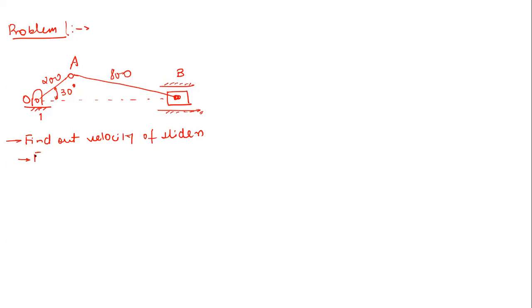And then next you have to find out the angular velocity of the connecting rod. So we all know, so which link is the connecting rod here? So let's say if I mark this as 1, this is 2, this is 3, and this one is 4. So which link is the connecting rod here in this configuration?